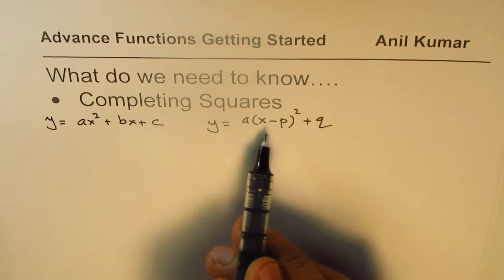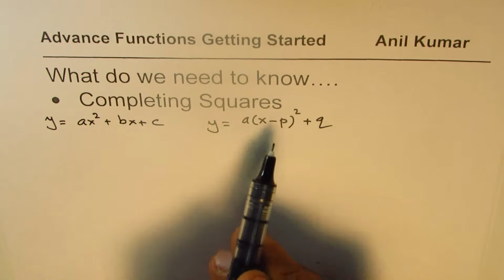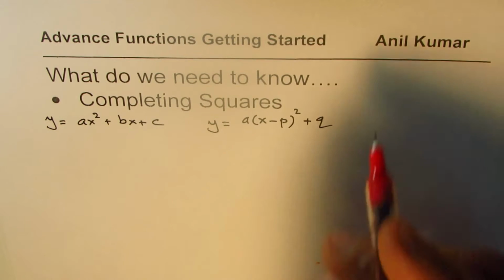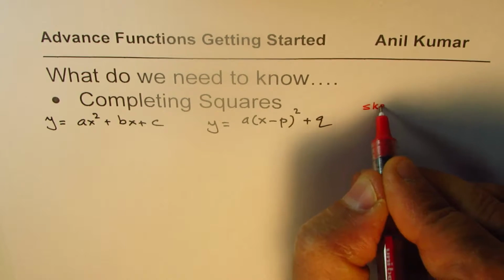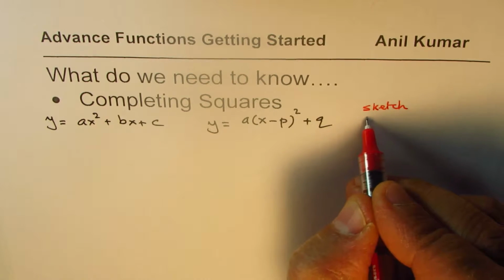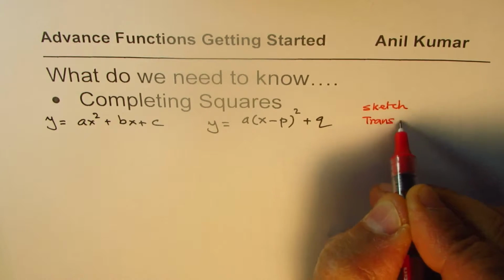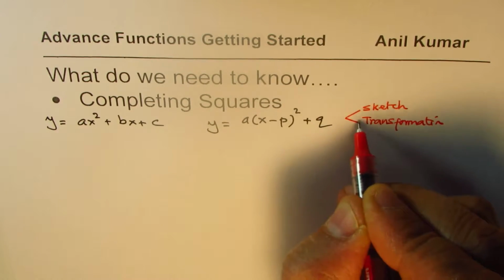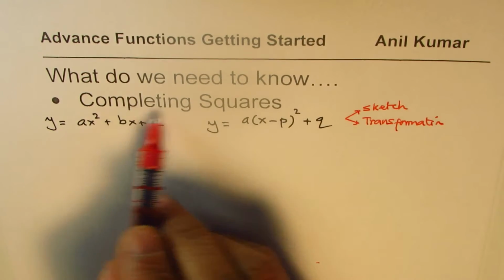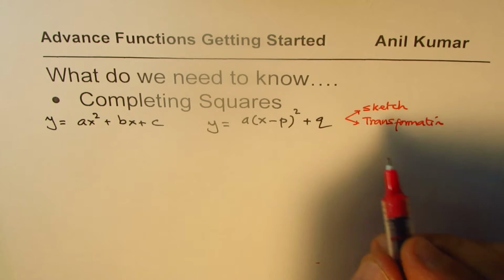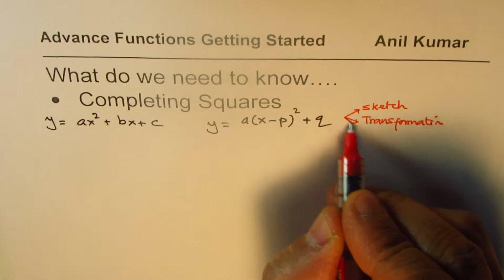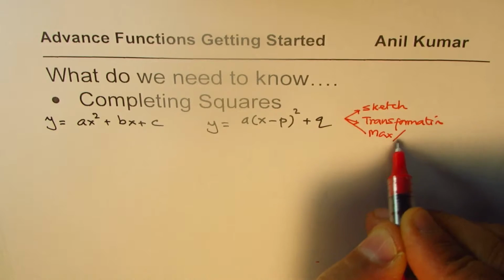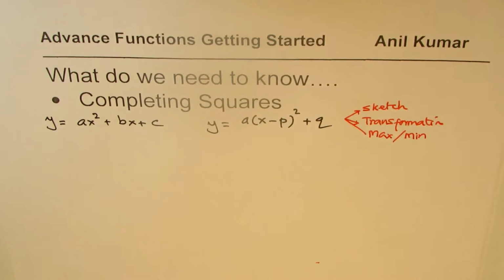Now, why is it important to write in this form? In this form, we can easily sketch the graph, right? And explain transformations. So these are two major advantages of writing the equation in completing the squares method, and in many applications we could find maximum or minimum value as the case may be, right?